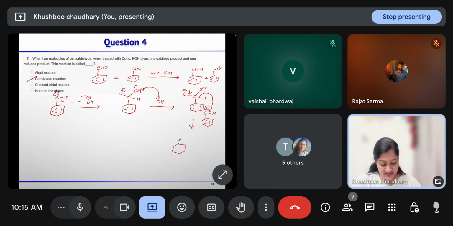So we will get C double bond O, O negative, K positive and CH2OH, or after protonation we will get the acid. So one product gets oxidized and the other product gets reduced. That is how these products will form and we call the reaction the Cannizzaro reaction. Clear?